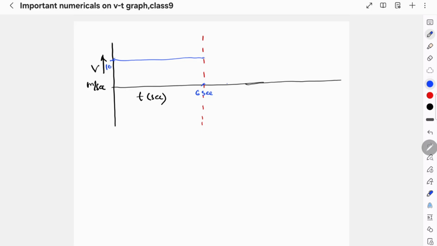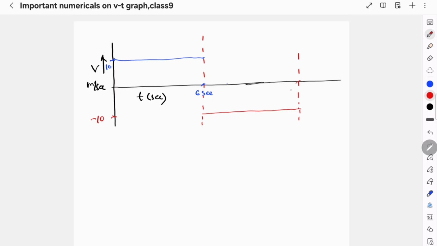Now after 6 seconds it hits the wall. So after hitting, the ball moves in the backward direction and with the same speed. So now the velocity of the ball will become minus 10 meter per second. So suppose we'll take minus 10 here. Now the ball will start moving like this. It is again moving for another 6 seconds.